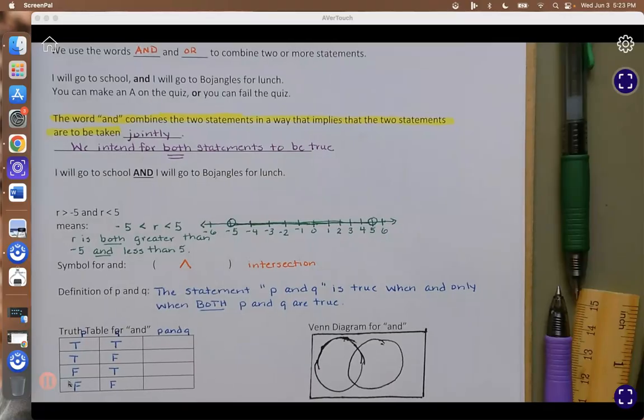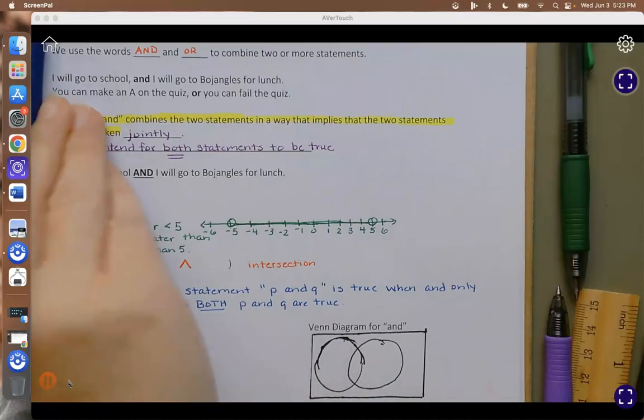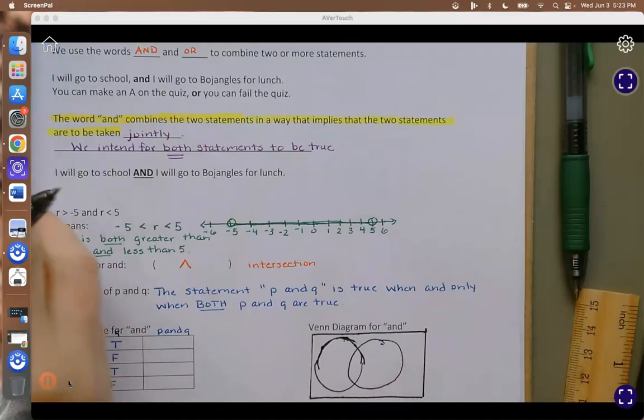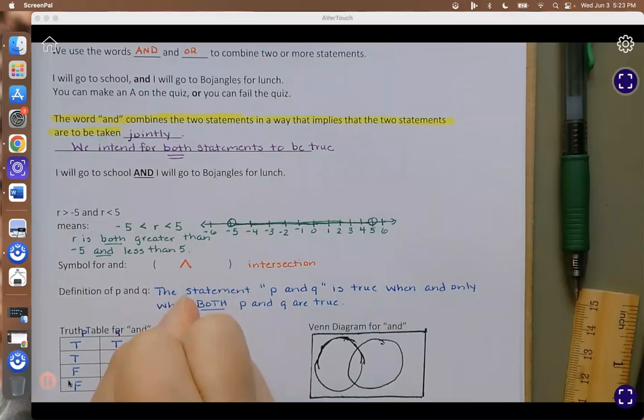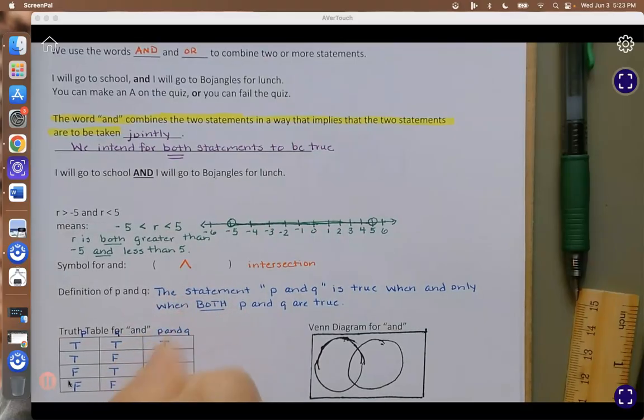Okay, so remember, in an and statement, this is true only when both P and Q are true. And there is only one line that has them both true, and that's the first line. The rest of these would be false because this is true only when both of them are true.